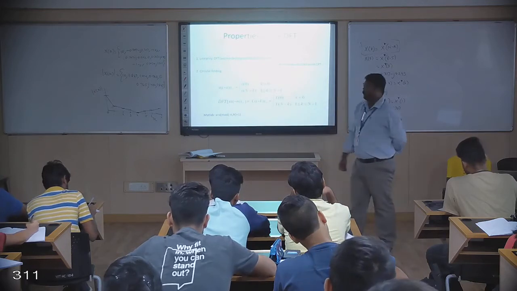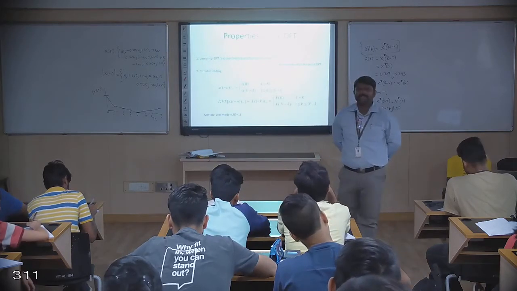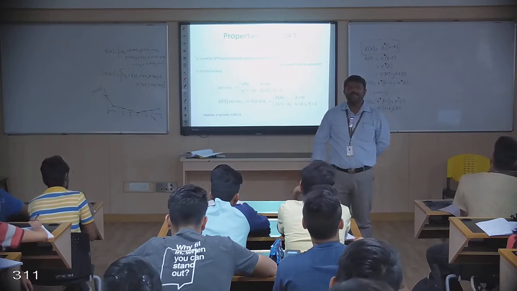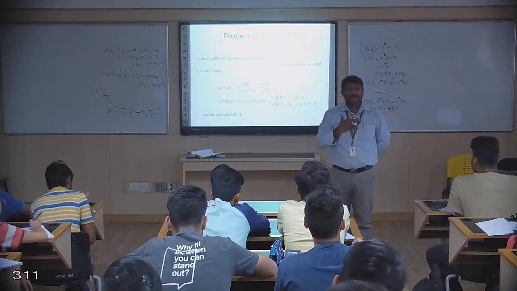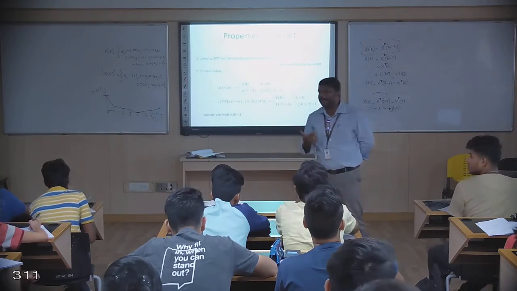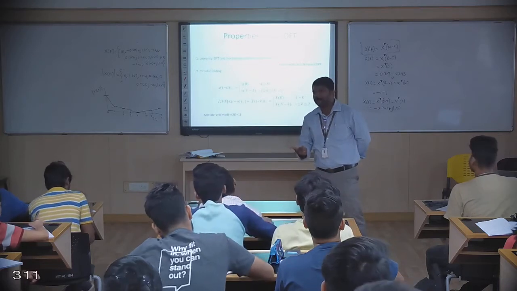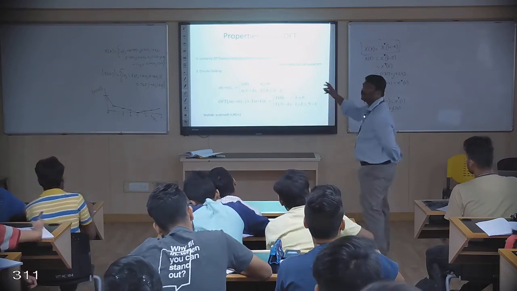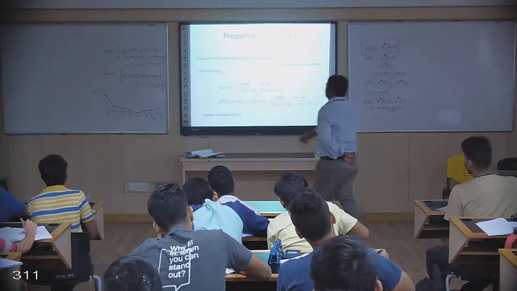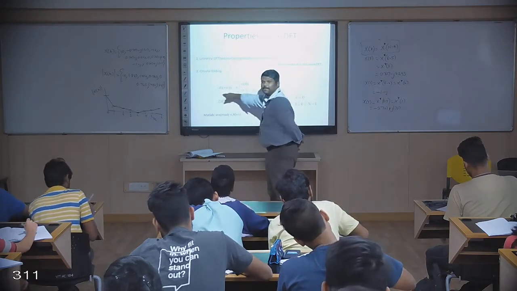Then circular folding. Why is it circular folding and not shifting? Because the signal is periodic. So since the signal is periodic, we are talking about circular folding. What is this symbol?